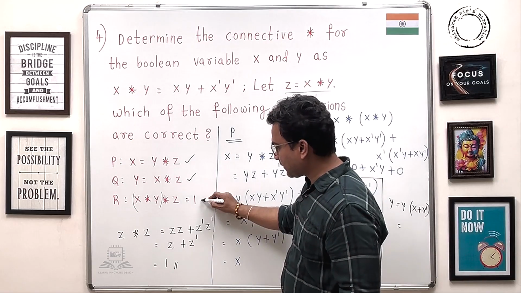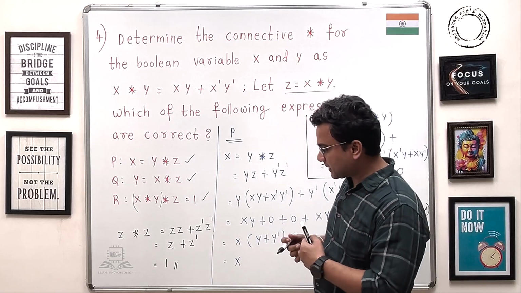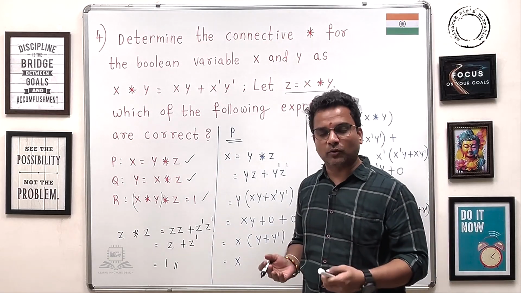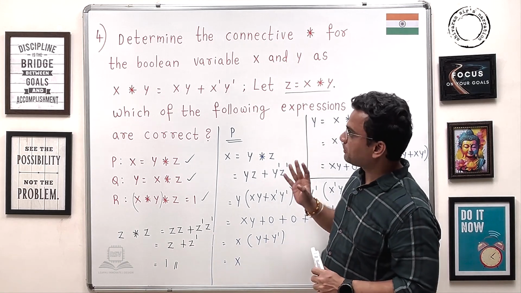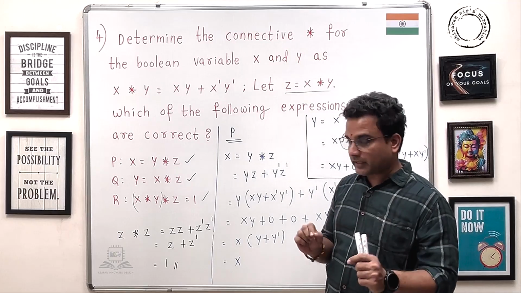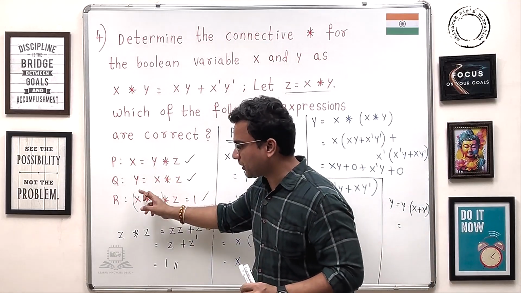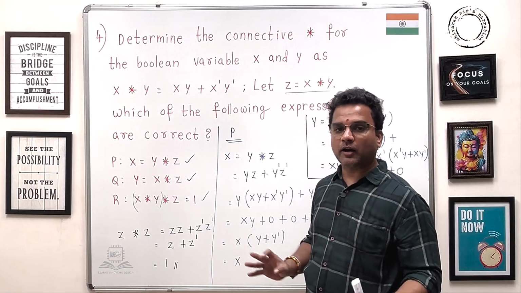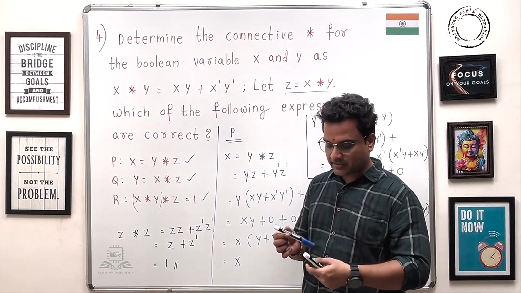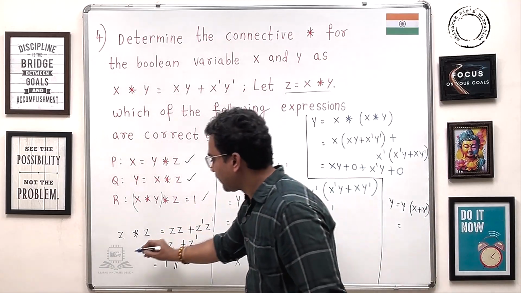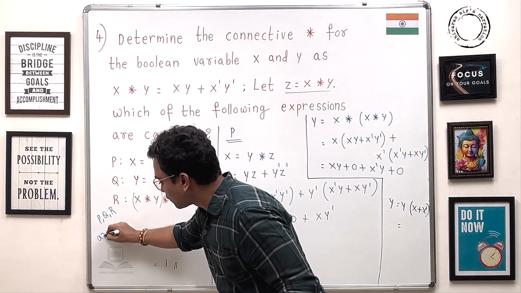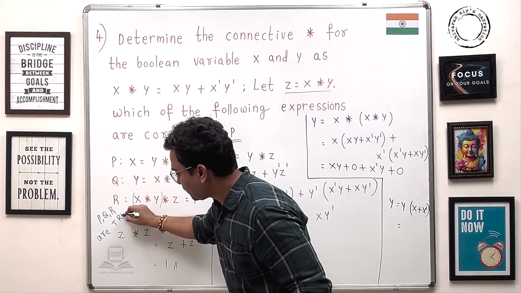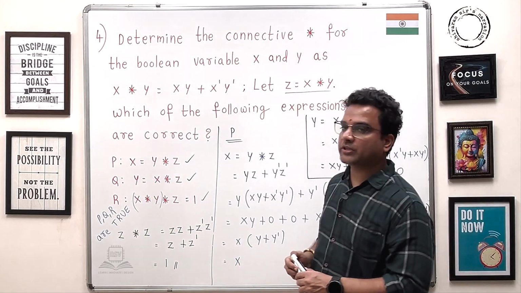Hence we reached 1. So x asterisk y asterisk z is equal to 1 only. So guys, what we can say is, as per the question, the expressions p, q, r all are true only. Hence the answer is p, q, r are true. Okay guys, this is question number 4.